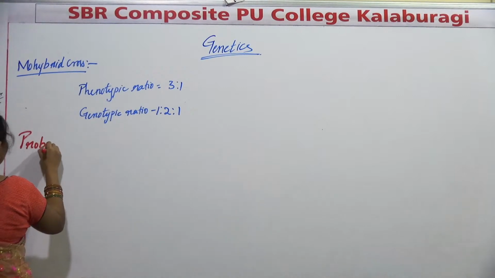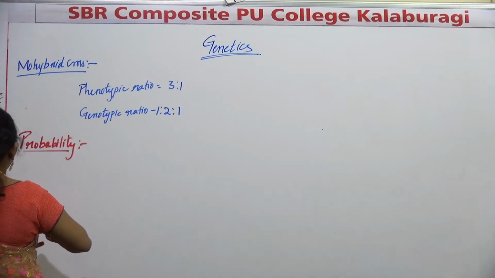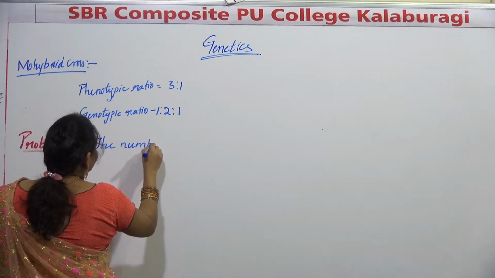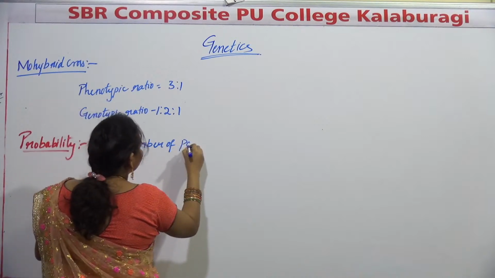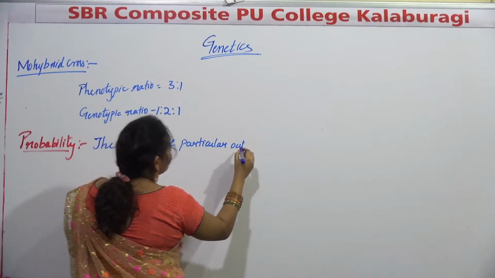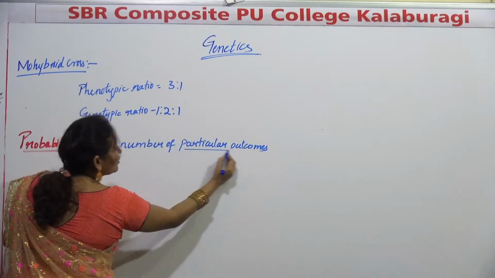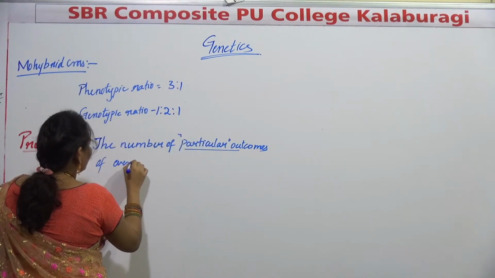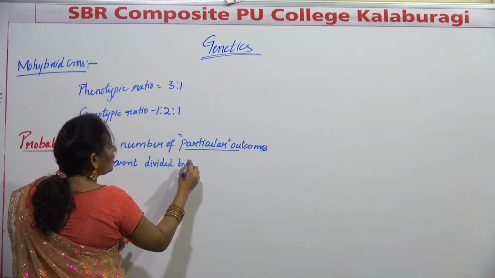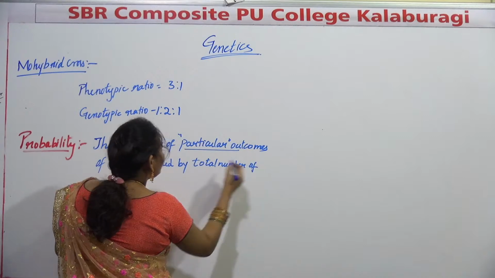Once again, see here, what does probability mean? We can define probability as the number of particular outcomes of an event divided by the total number of all possible outcomes.